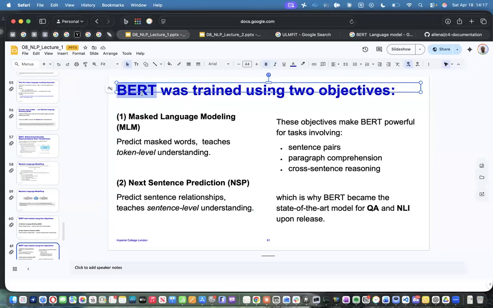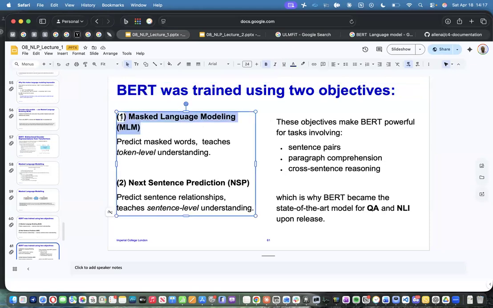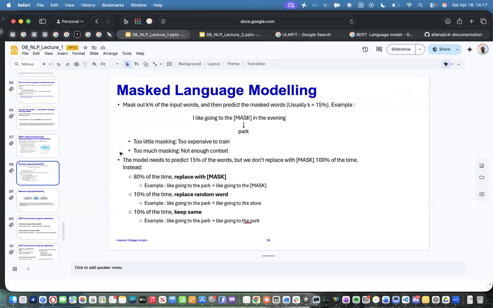This is what we said: the BERT architecture was trained on two objectives. Number one, the masked language model. A masked language model is where, given a sentence like "I was going to the dashboard in the evening," you mask or close one word and give this sentence to the model.